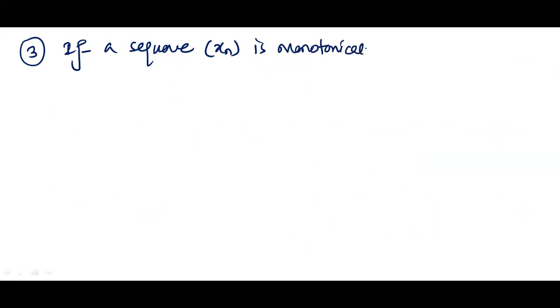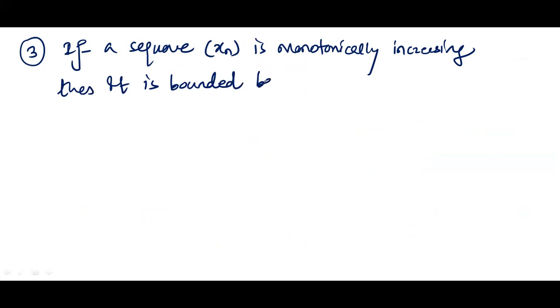let's see note 3. If a sequence xn of real numbers is monotonically increasing, then it is bounded below by its first term, that is x1.